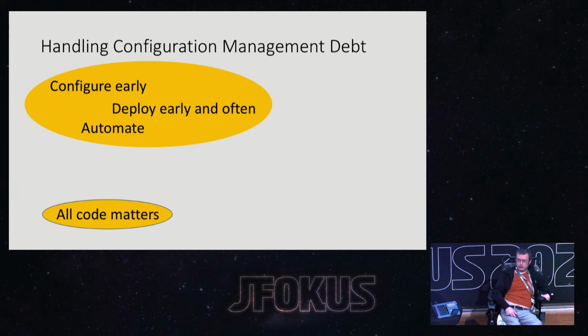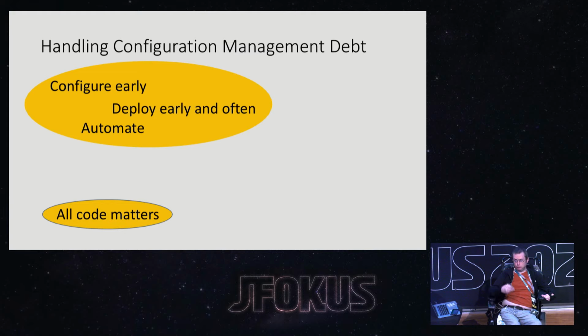Another thing is to accept the fact that all code matters. Nowadays we all have some kind of DevOps team, or whatever you want to call it. These people produce code, so why should we handle these development processes differently to any other software development process?